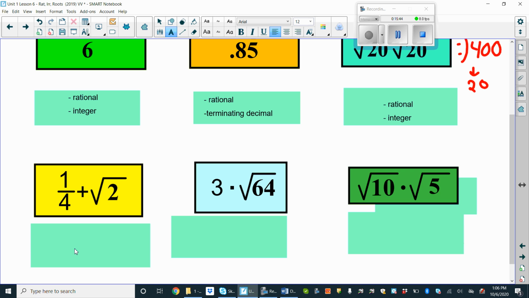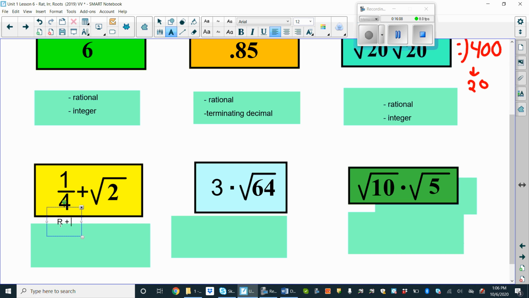For the next one, we have 1/4 plus the square root of 2. There are two ways you can look at this. You can say, I know 1/4 is rational because it's a fraction, and right off the bat, fractions are rational. And now we have the square root of 2.